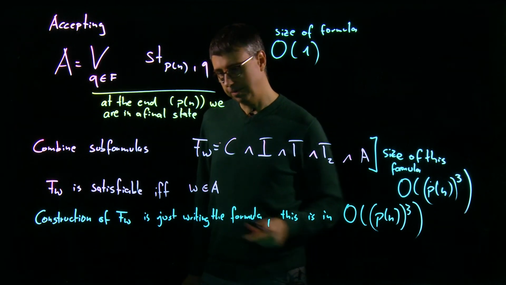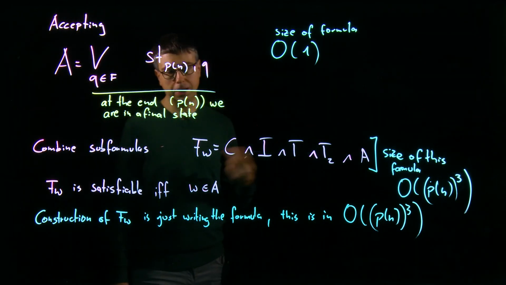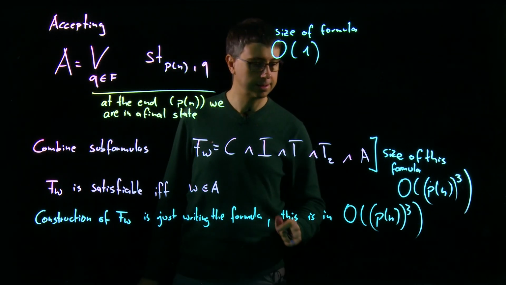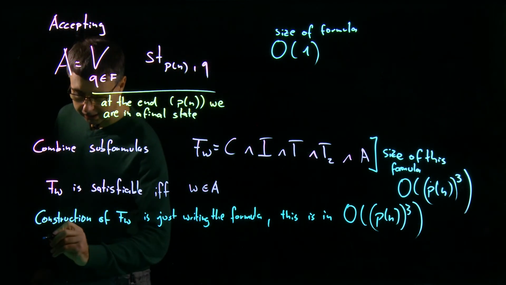However, if p of n is bound by a polynomial, then this one here is still a polynomial.